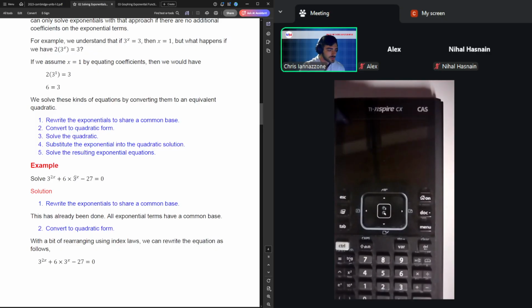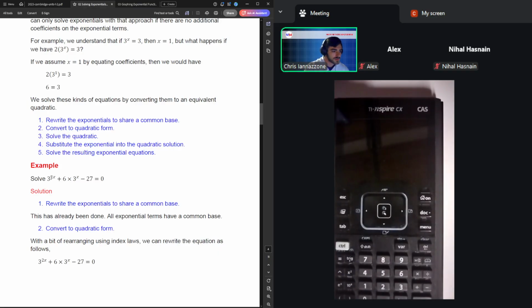All we're going to do from here is recognize that the powers of these are organized in a descending order. You know, you've got 3 to the power of 2x, 3 to the power of 1x, and technically 3 to the power of 0x would be here. You've got these descending powers of x.